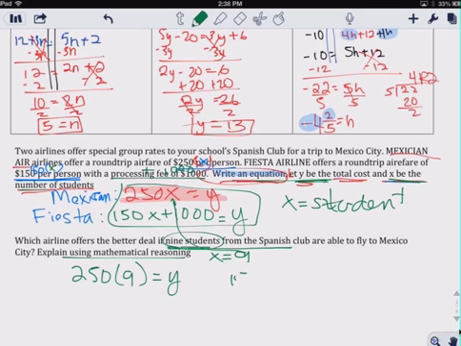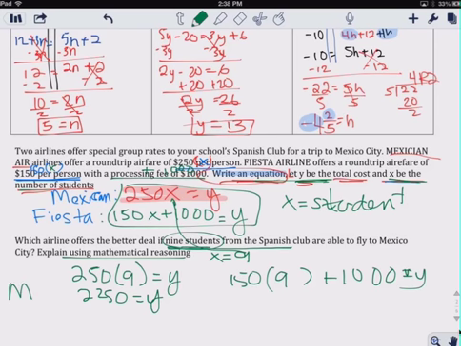You get 150 times 9 plus $1,000 will get you your y. That's 45 carried to 4. 2250 equals y. Okay, so the Mexican Air costs you 2,250.